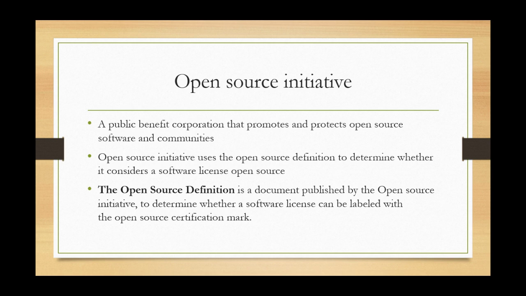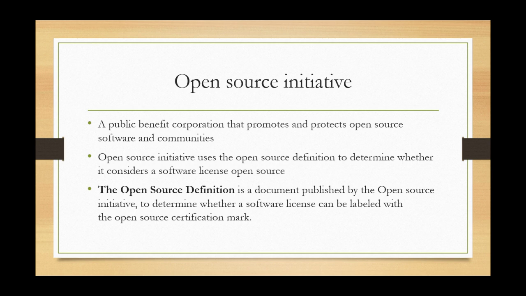So it is this open source initiative organization which grants all the rights to use a software, all the rights to study the software, all the rights to change and share the software in a modified and unmodified form. So it gives software freedom, which is very essential to enable community development of open source software. So that is what it means by open source initiative.